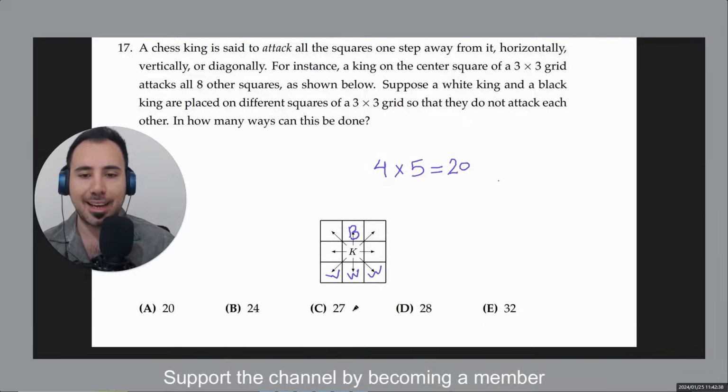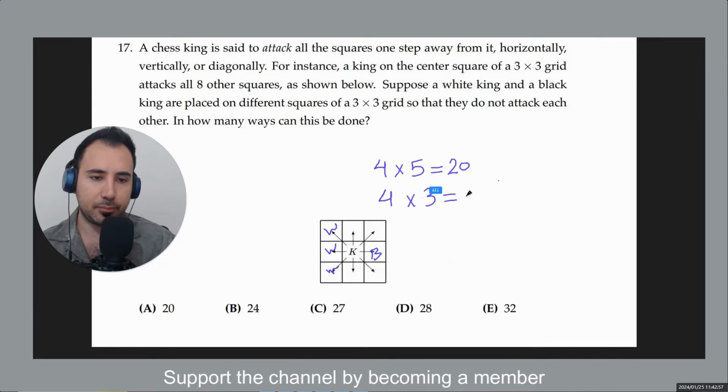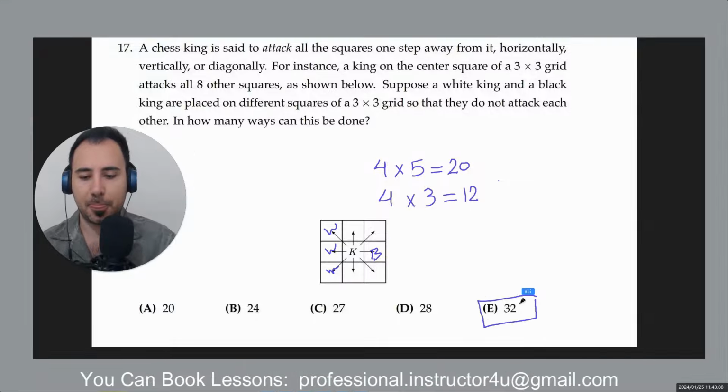Again, I have 4 available positions for B. If I, for example, put B here, again, I'm going to have for each B 3 W's. So I'm going to go 4 times 3. This will be 12. So now I have to add all these cases together. 12 plus 20 will be 32.